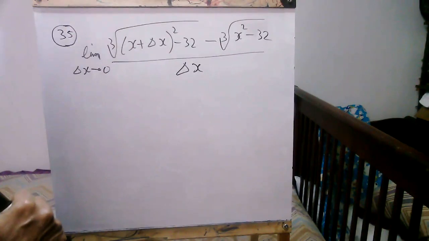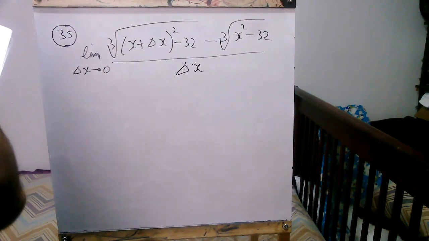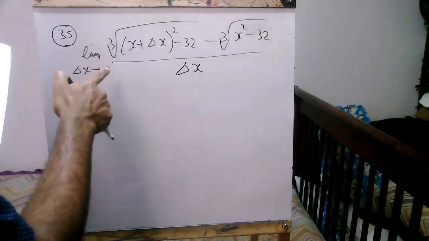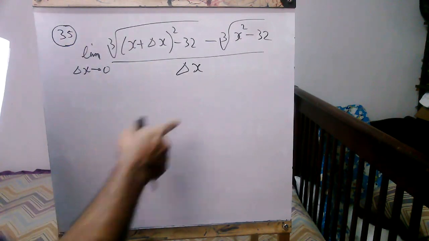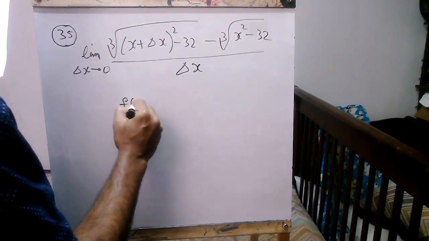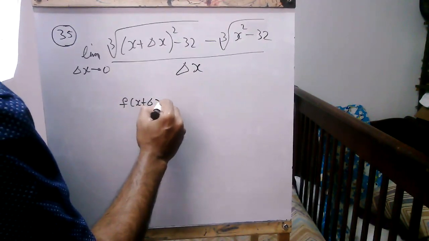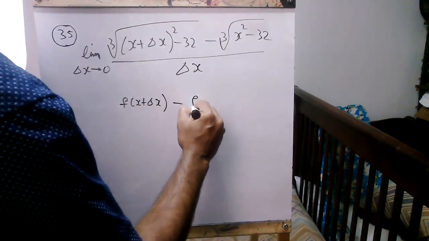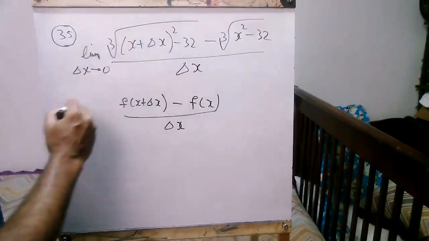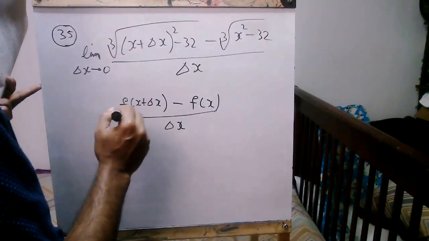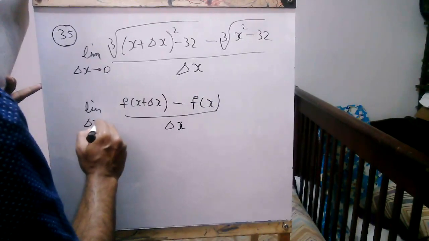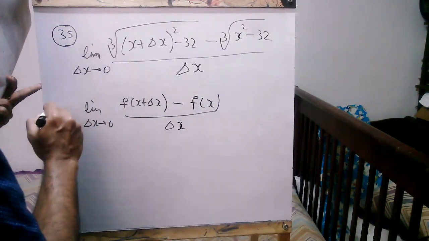Okay. Now it's asking you to evaluate this. Once you see this, we know this is the derivative of the function. This is like f(x plus delta x) minus f(x), divided by delta x, isn't it? The limit as delta x approaches 0. This is similar to this.